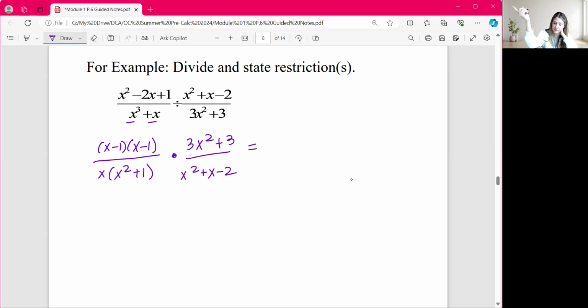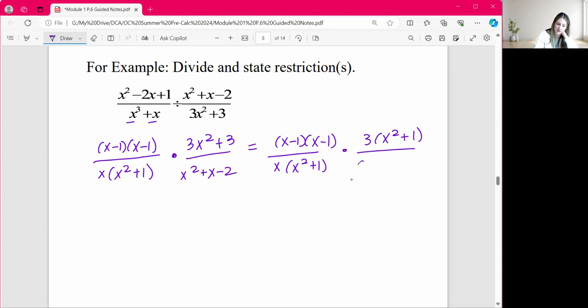And so now we'll factor that second fraction after we have flipped it. So I'm still going to have x minus 1 over x times x squared plus 1 times, we'll take out the GCF. And then we will factor down here. That's 2.